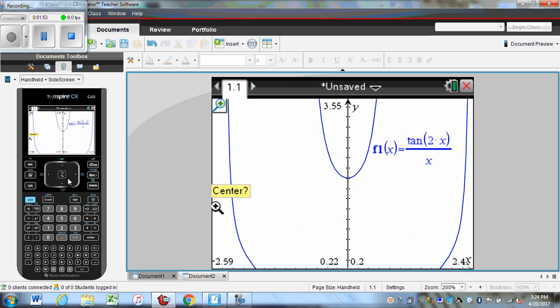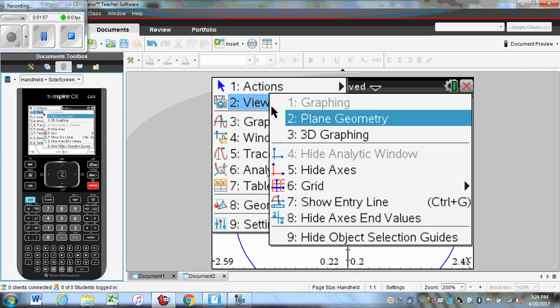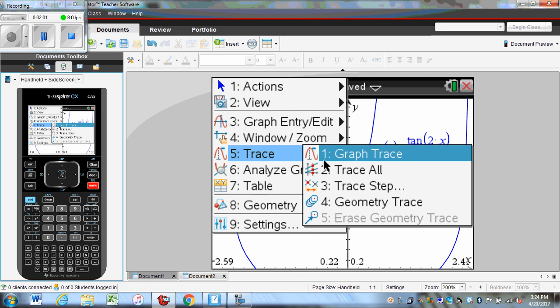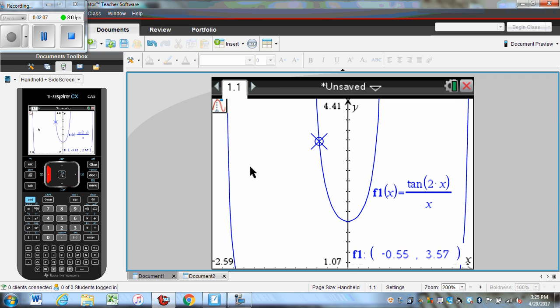Now, as you go to, let's see. Oh, here we go. Trace. If we want to trace this graph now, focus down here at these points. So graphically speaking, as these x values are getting closer and closer to 0, what's happening to these y values?